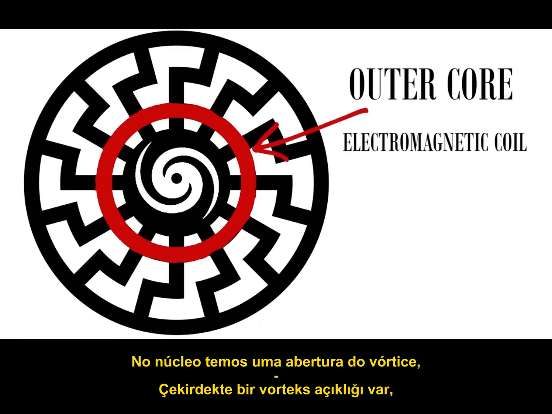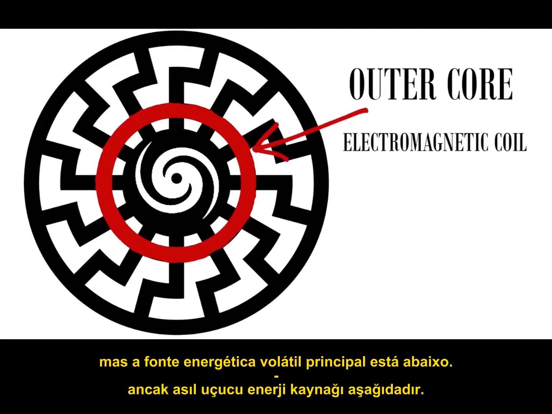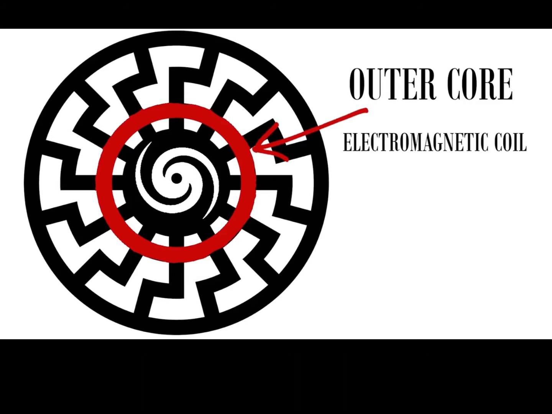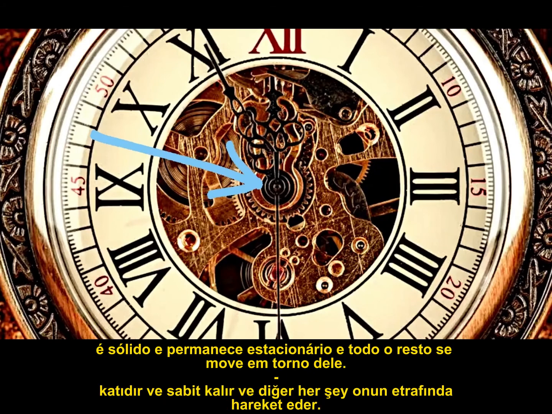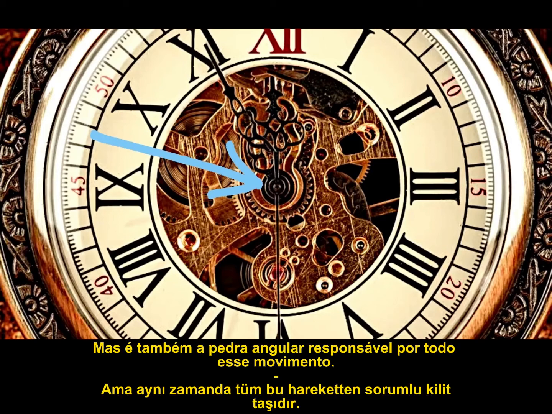At the core we have a vortex opening, but the actual volatile energetic source is beneath. The central core is akin to a central clock dial. It's solid and remains fixed, and everything else moves around it. But it is also the keystone responsible for this entire movement.